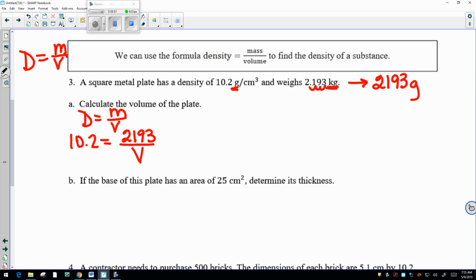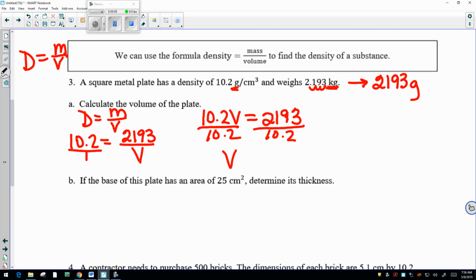Okay, so algebra, I'd put the 10.2 over 1 and then cross multiply. So 10.2v is equal to 2,193. And then to solve for our volume, divide that by 10.2.